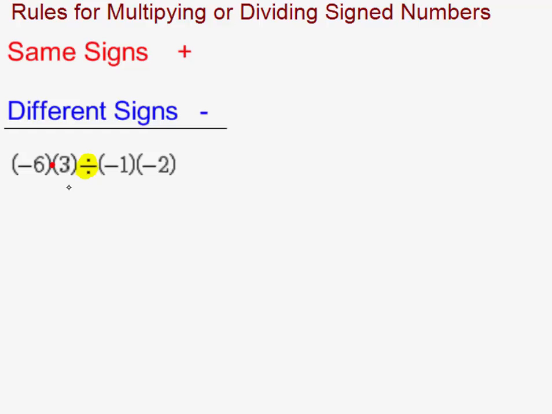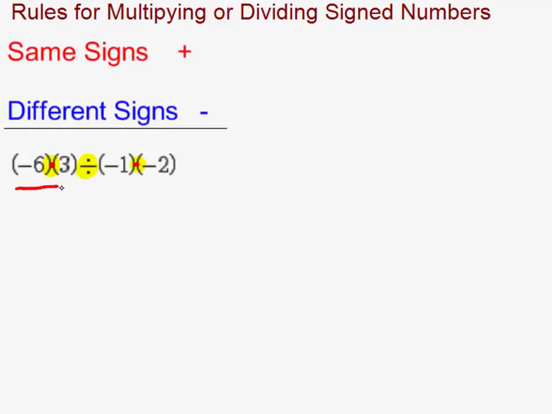Then, after doing the division, we take the answer we got and divide by negative 1. The final operation would be the multiplication by negative 2. Again, since there's no symbol there, we assume it's multiplication. So highlighting my 3 operations, I have multiplication here, division here, and multiplication there. I have 3 operations to perform, so let's make sure we do all 3.